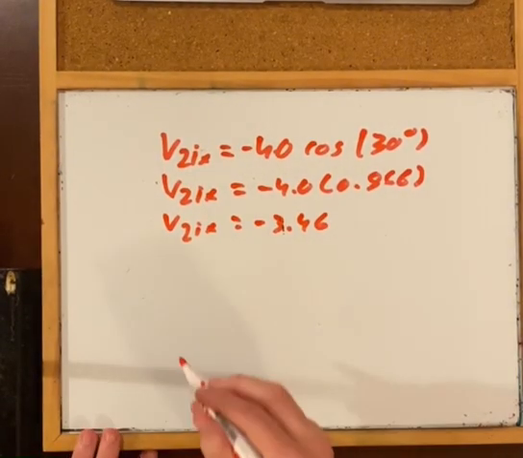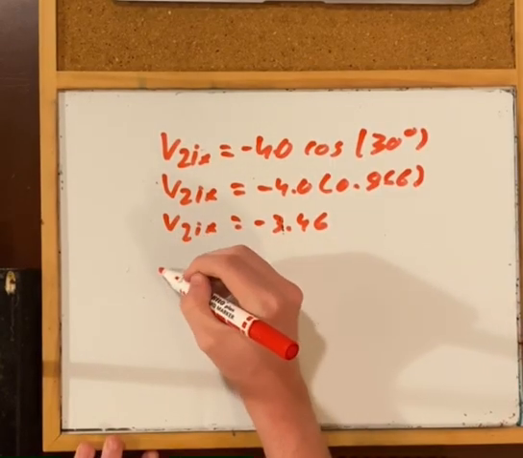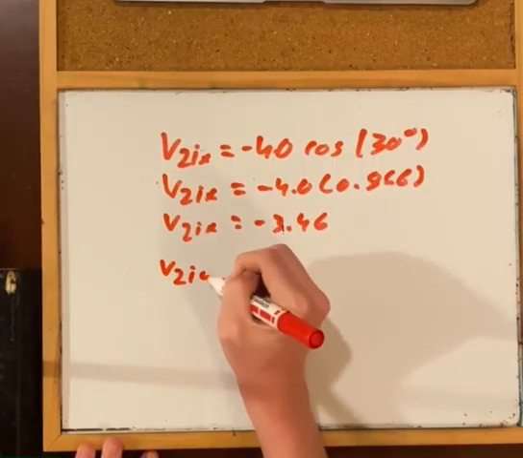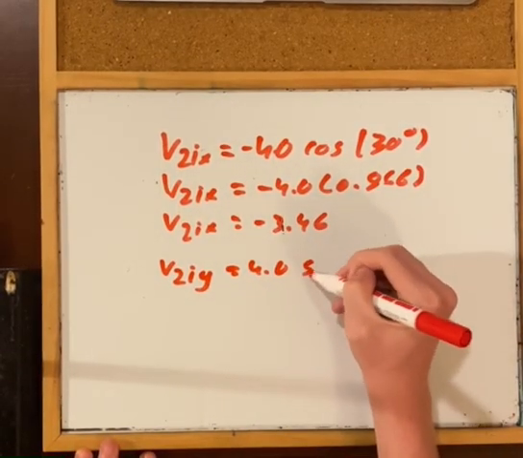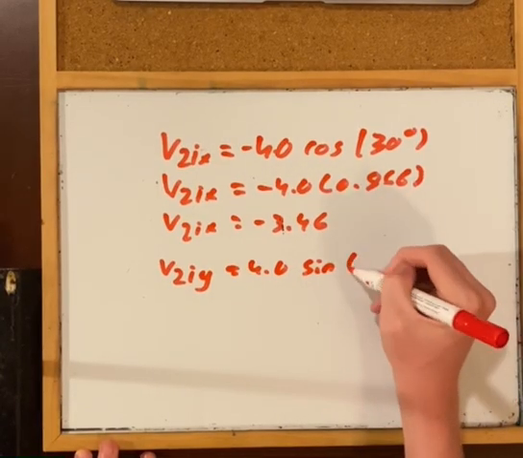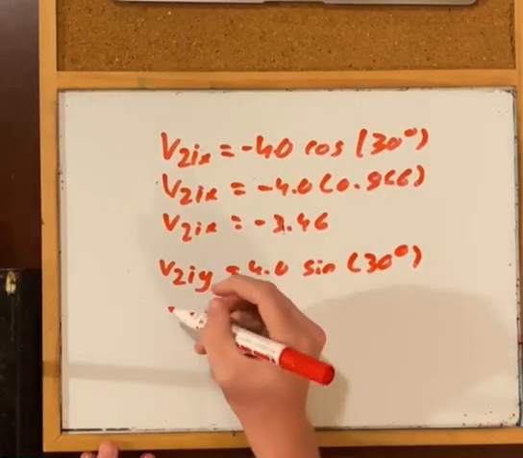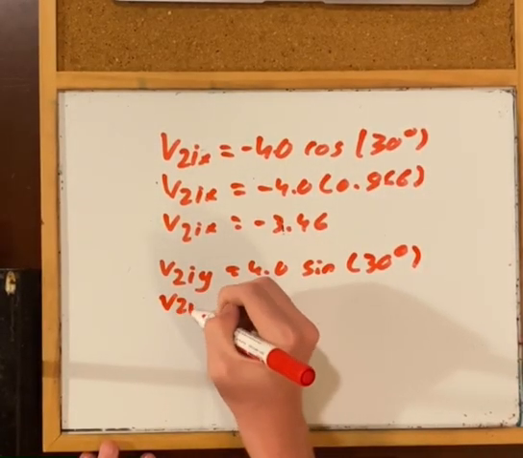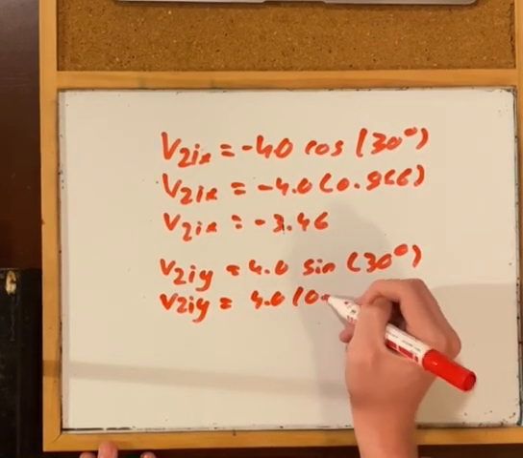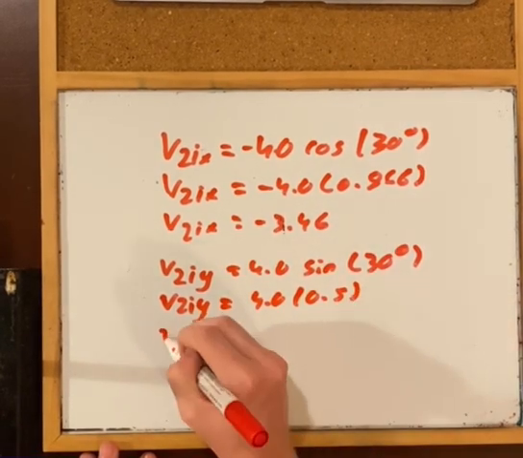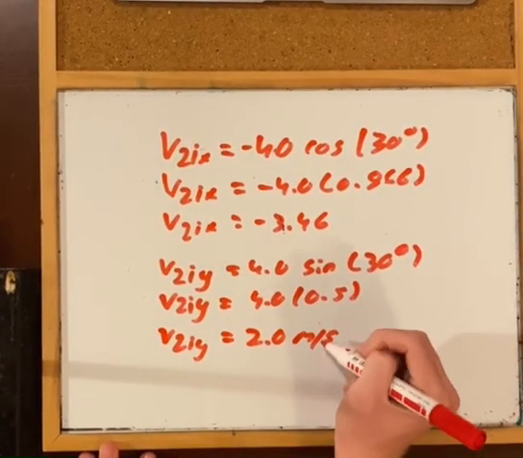Nice. Okay. Now we have to do the y. v2iy instead of x now. It's 4.0 sin. We're using sin because we're talking about the y direction. v2iy equals 4.0 times 0.5, and v2iy equals 2.0 meters per second.